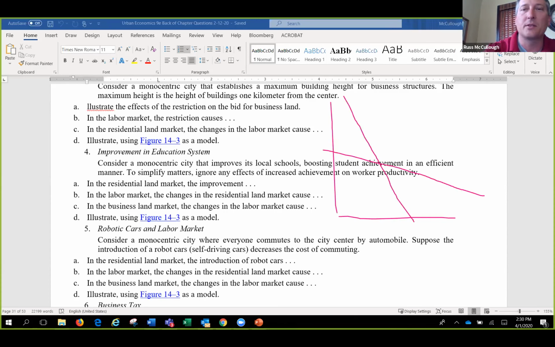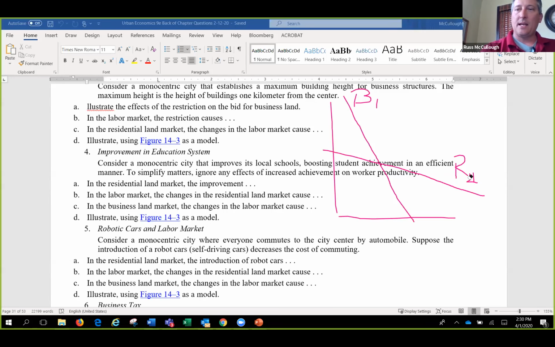What happens to the business one? Let's call this B1, and this is R1, the initial residential, or the new residential rate. So kind of R2, I guess, if I'm going in line with what we're saying.